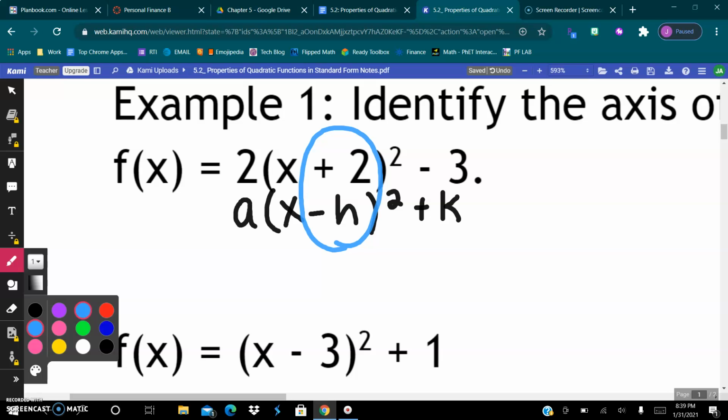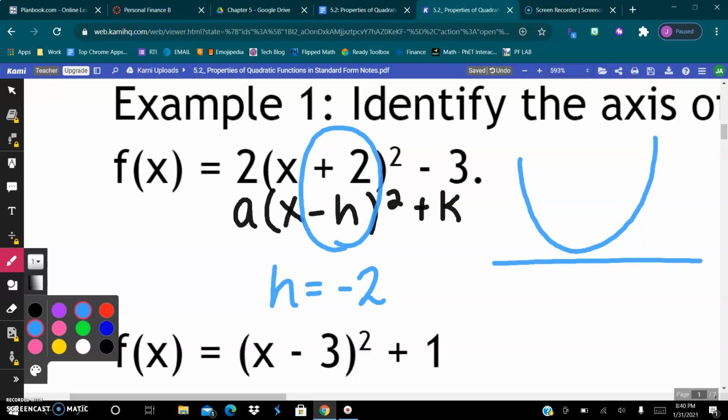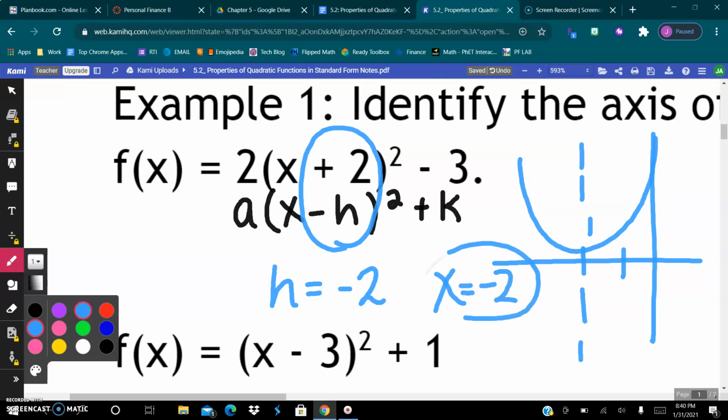So in order to get a positive there, they had to have plugged in a negative. So in this case, h would equal negative 2. When you graph your parabola, that vertex would have been at x equals negative 2, and that straight line that goes through that would be your axis of symmetry.